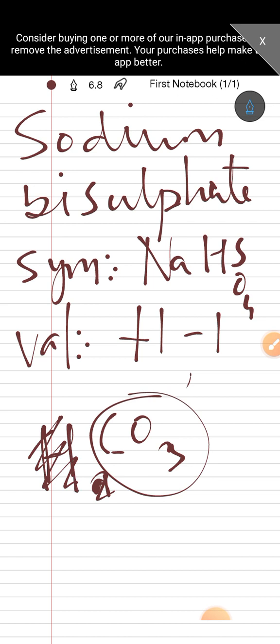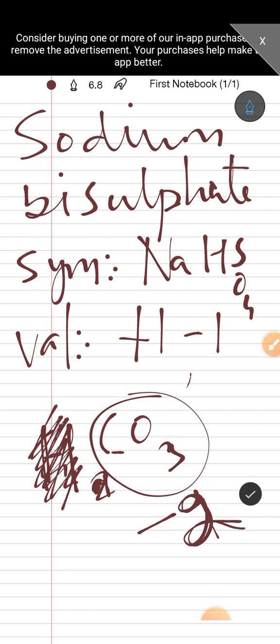If I retain this H, it will be bicarbonate and the valency will be -1. But if I remove this hydrogen, it will become carbonate and the valency will be -2, because every time you remove one hydrogen, one extra charge goes on adding to the polyatomic ion. So the charge of carbonate is -2, but bicarbonate is -1.